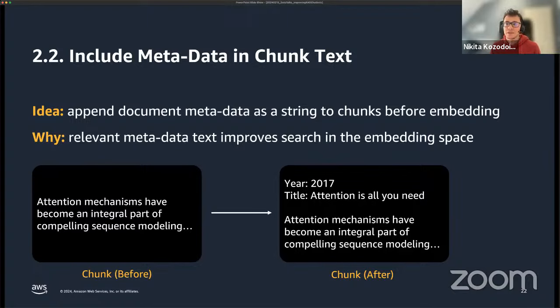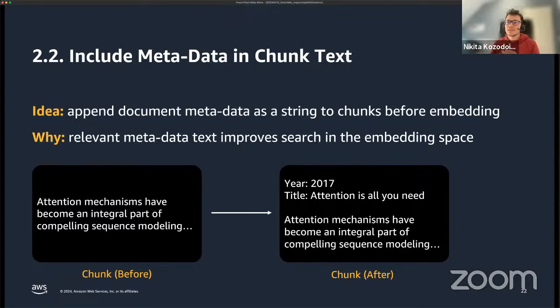Why does it help? Well, imagine I'm now asking what is self-attention. You see that on the right, attention is not only mentioned in the text of the chunk, but also in the metadata, in the title of the paper. So this means that when we embed this chunk, the values of the vector will probably get even closer in the embedding space to any question that also mentions attention. And this will help to pinpoint this particular chunk, sort of giving it higher weight compared to the documents that in the title don't say that they talk about attention.